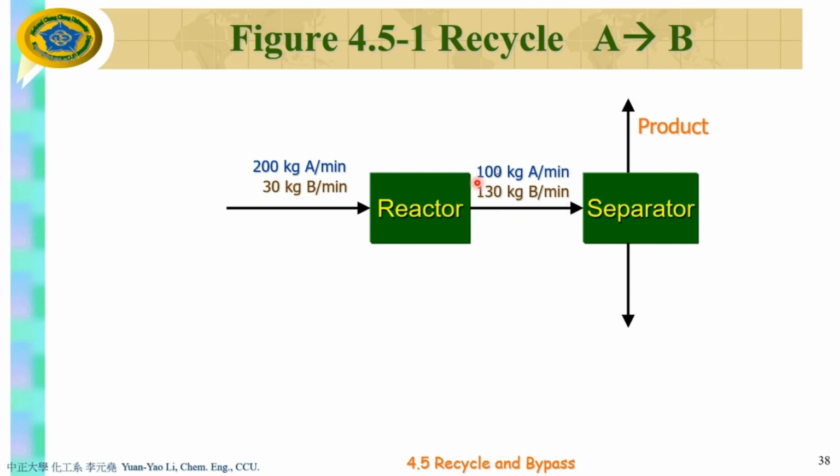Okay, and you know that the conversion rate is not that good. It might be only a 50% conversion rate. Then let's separate this product B and A. So we have B and A. You might say the separation efficiency might be like 90%, purity around 90%.